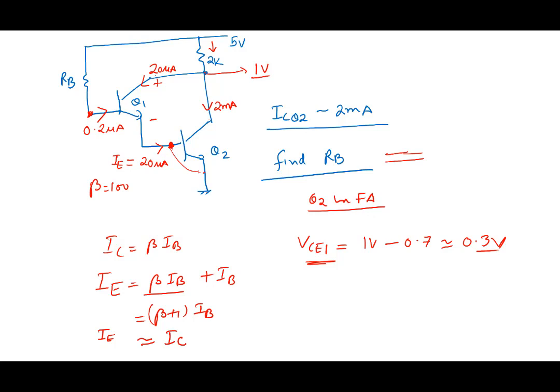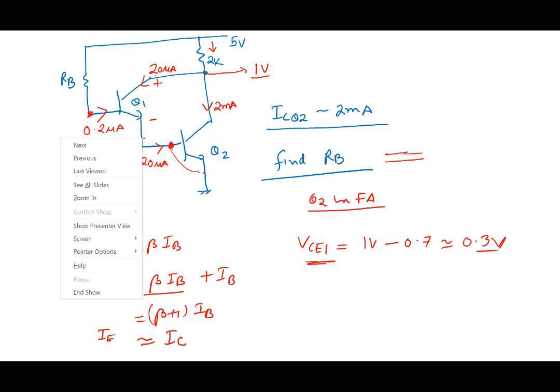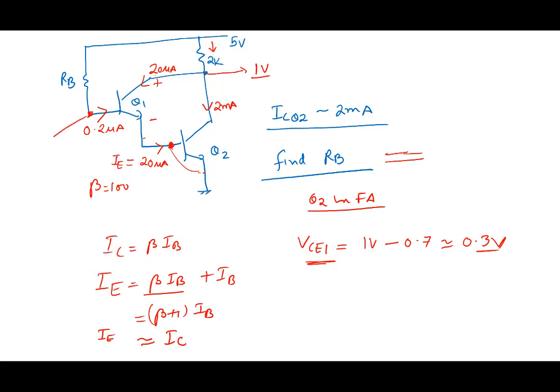What is the value from here to here? 0.7. So total value would be 1.4 volt. The value of this node. So RB would be what? 5 minus 1.4 divided by IB, which is 0.2 microamperes. That will give you the value of RB that is needed.